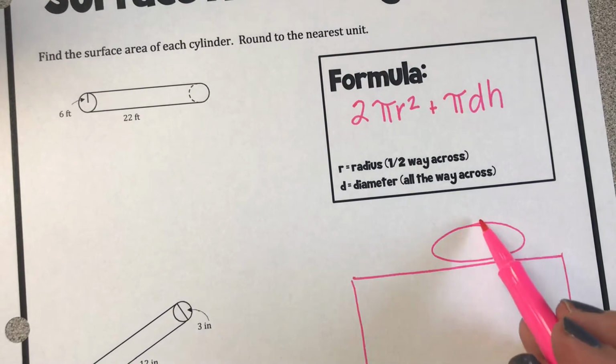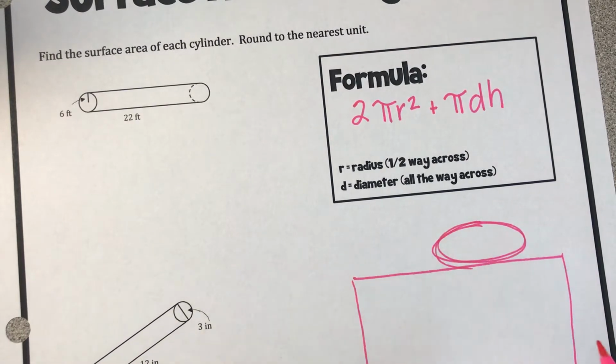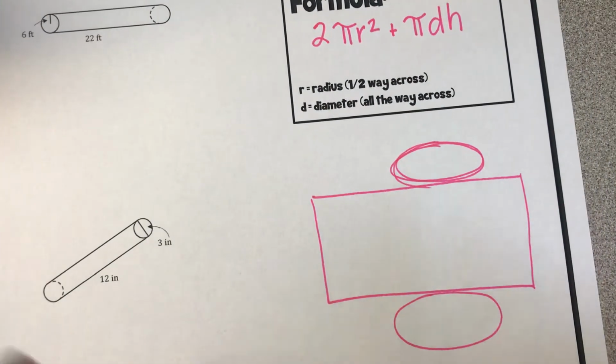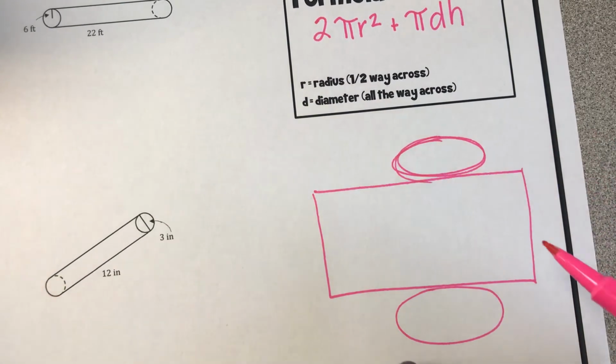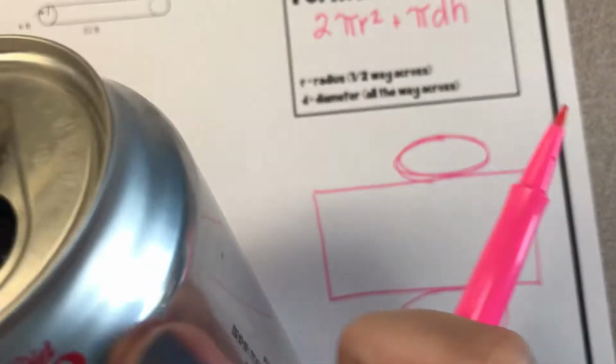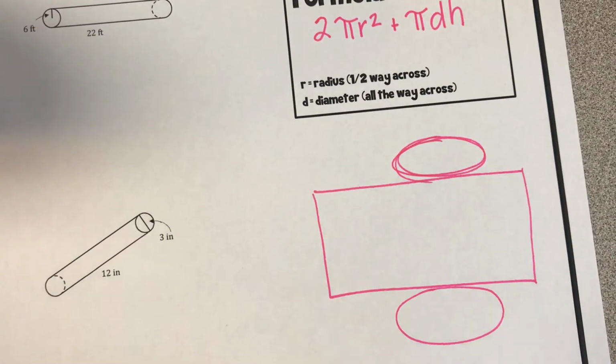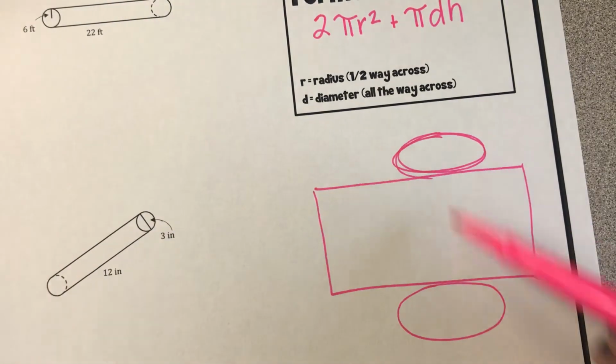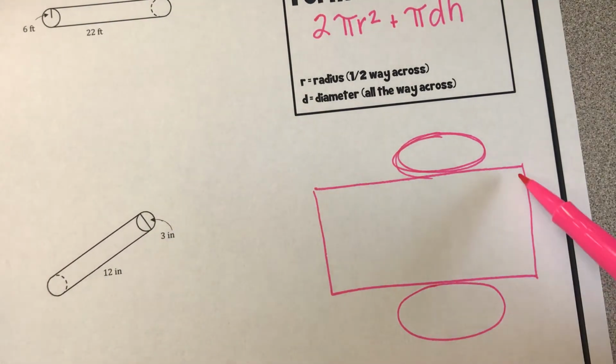Pretend this is my Coke can. This is like saying if I cut down the side of my can and then unwrapped it, the cylinder would be made up of a top and a bottom and then this long rectangle piece.